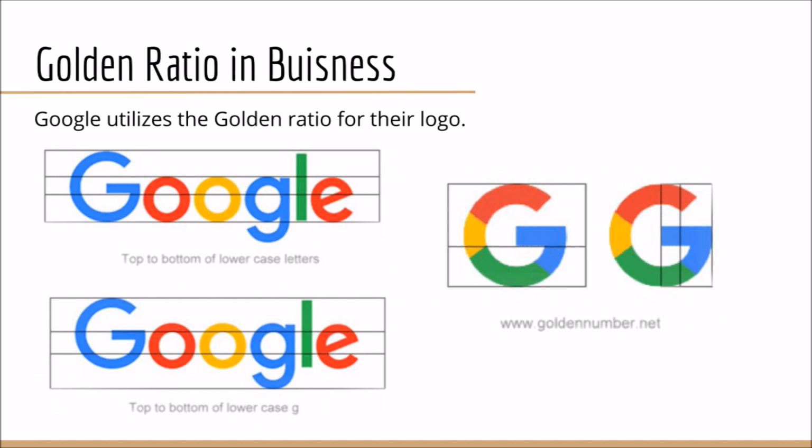From top to bottom, notice how the letters seem to stop at the points of the golden ratio for each example shown on screen. Google isn't the only company to utilize the golden ratio to create an appealing logo or an appealing product. There's sources out there which say Apple did similar with their logo and their phones, and there's other examples of businesses using this golden ratio to create structure and design.